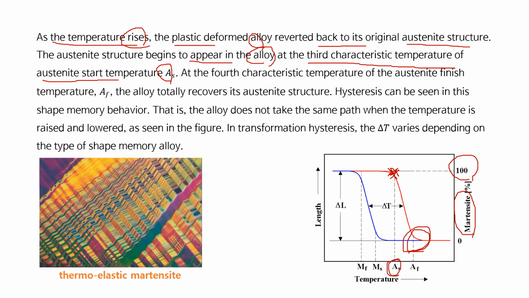At the characteristic temperature of the austenite finish temperature AF, the alloy totally recovers to its austenite structure. So at this temperature, there is no martensite structure, 0% of martensite structure. That means our structure is the austenite structure.